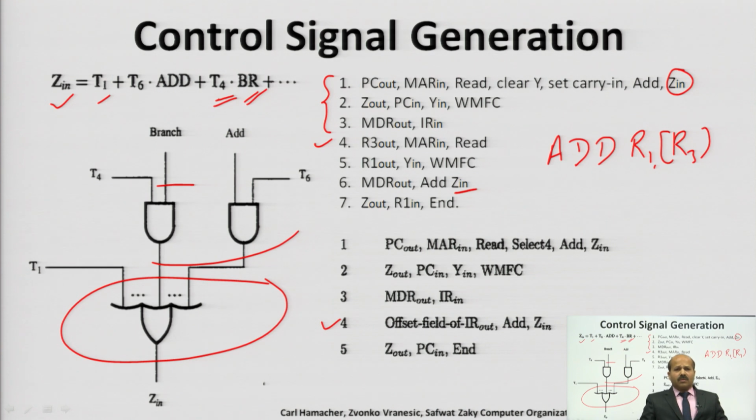So, what should be the circuit to issue this type of control signal? You can see in this figure T1 is given here, it is ORed with T4 dot branch and it is ORed with add dot T6.